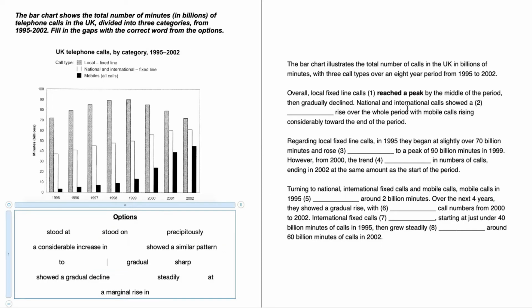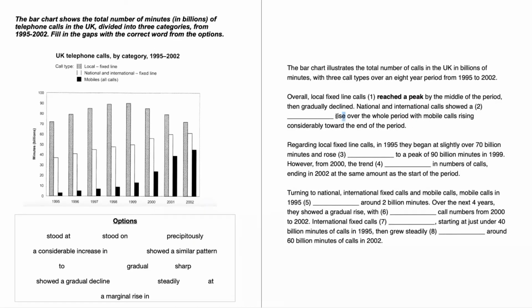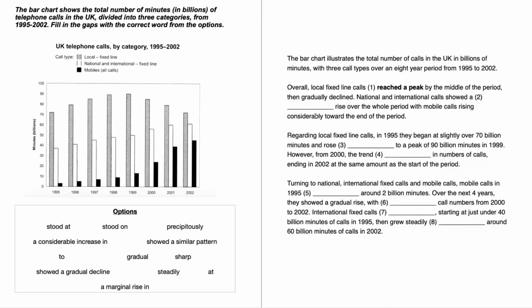National and international calls showed a blank rise over the whole period, with mobile calls rising considerably toward the end of the period. Now, the fact that we have a noun here, rise, shows that this is going to be an adjective. Remember, not an adverb, because adverbs go with verbs. So here I'm going to be looking for an adjective.